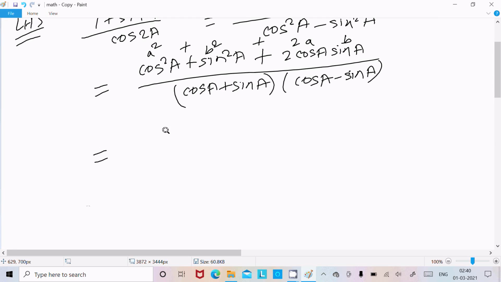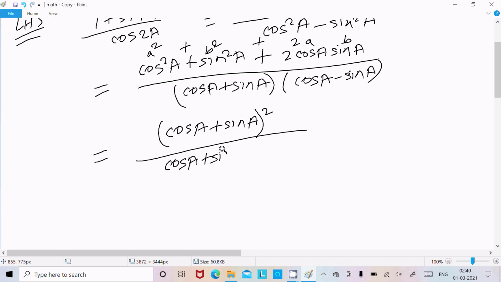So we can write (cos a + sin a) whole square, over (cos a + sin a)(cos a − sin a).